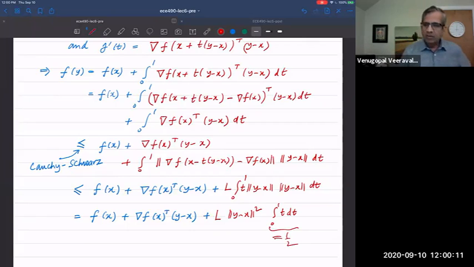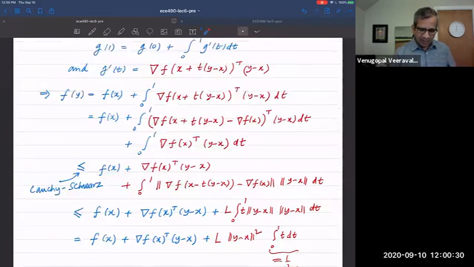Okay, and so plugging it all in, I get that f(y) is less than or equal to the first order Taylor approximation for f(y) in terms of f(x), plus this quadratic, L over 2 times the norm of y minus x squared. That's what I have.